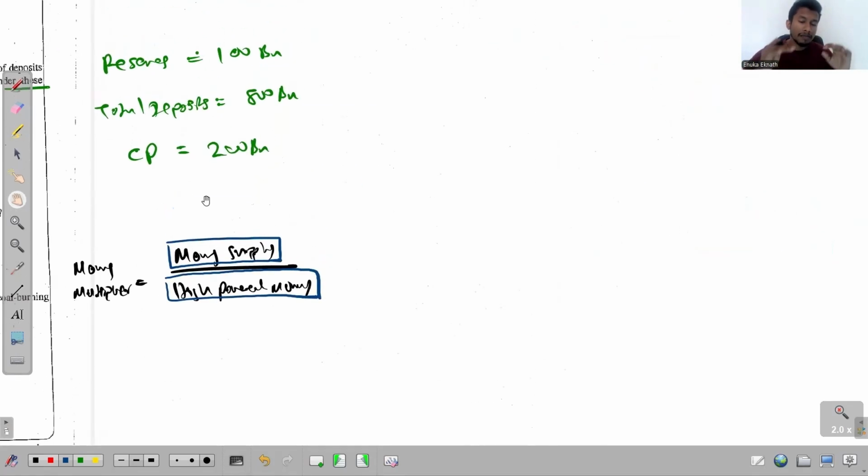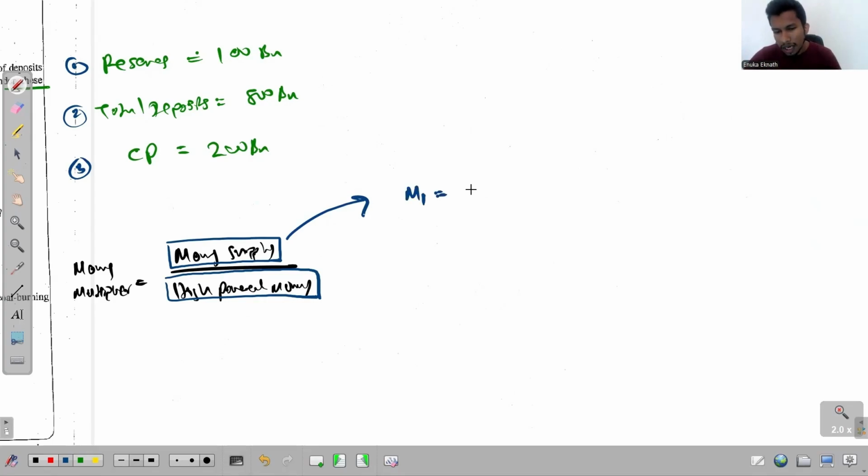Once again, as I showed you in the previous question, when it comes to the money supply, we have several definitions, but for the time being, based on the data we get in this question, we can understand that they are just referring to the narrow money supply. If so, you know how to calculate it because we discussed that earlier.